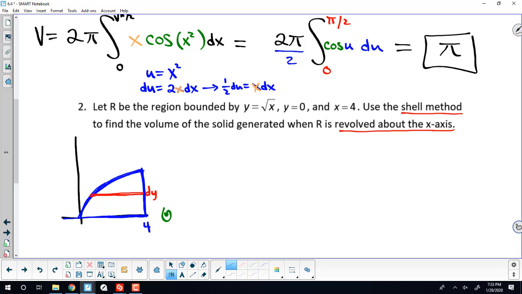So when we integrate with respect to y, of course, the bounds need to be in terms of y, and our functions need to be solved for x. So we've got to take y equals root x. We want that as x equals.